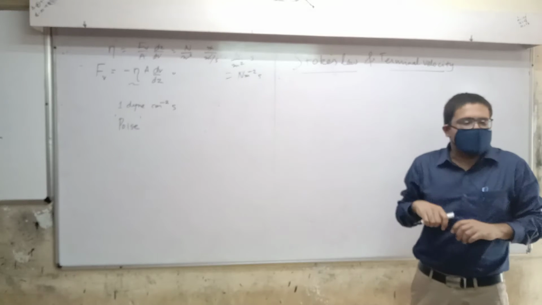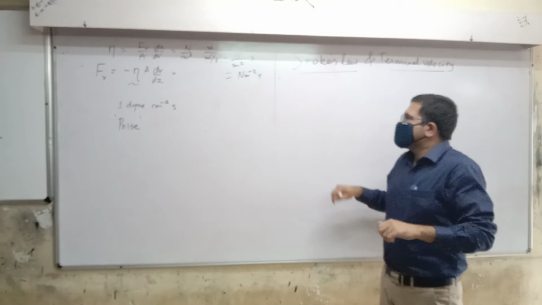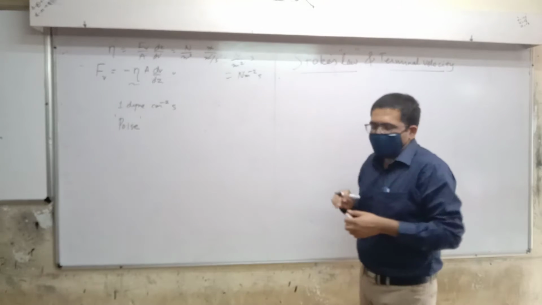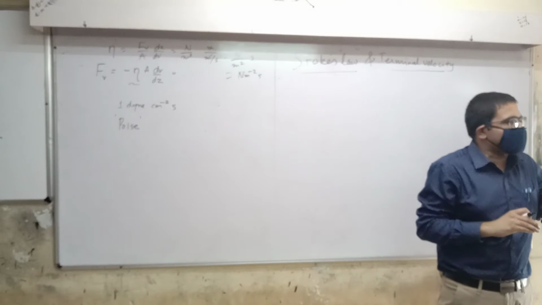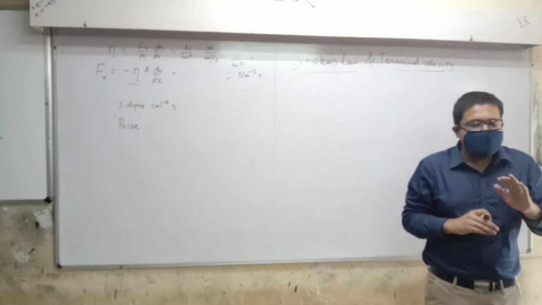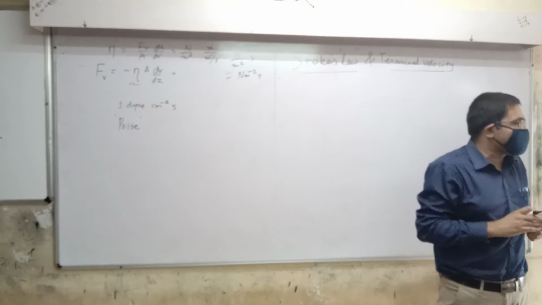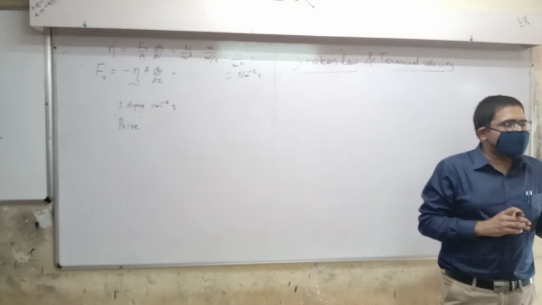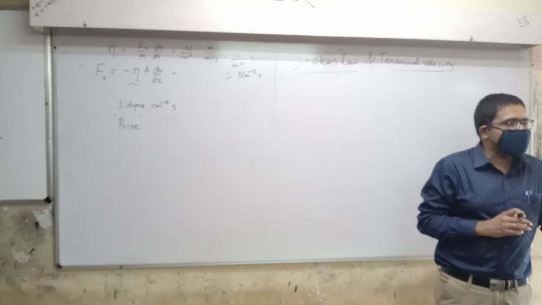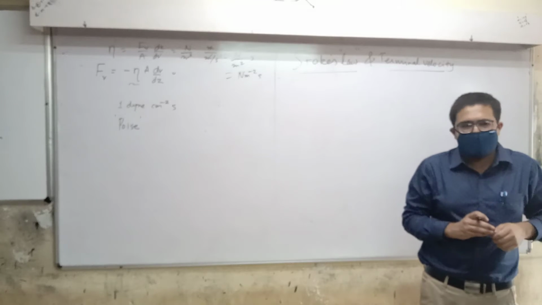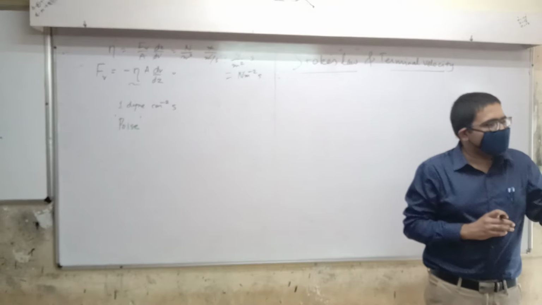So let's see what is Stokes' law first of all. Stokes' law is again a law. What is the meaning of a law? A law is something that is experimentally verified, but does not have a concrete theoretical basis. That is, nobody derived it.